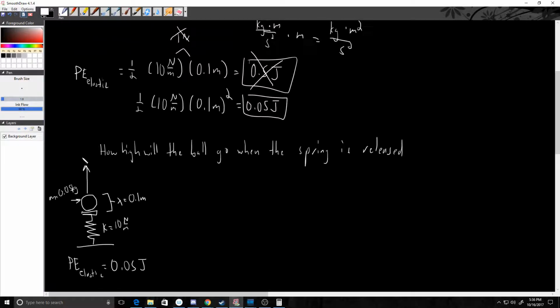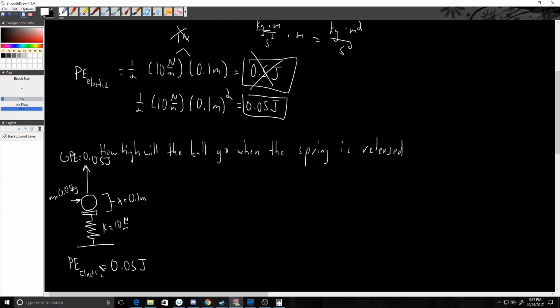In an ideal world, the elastic potential energy here should equal the gravitational potential energy up here. Because if this energy is just changing form from one to another, all of this elastic potential should become gravitational potential. So these two things should be the same.